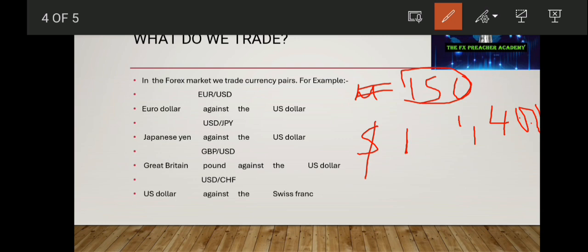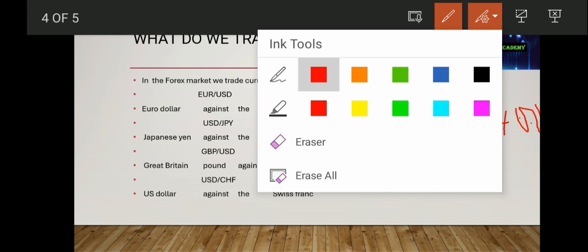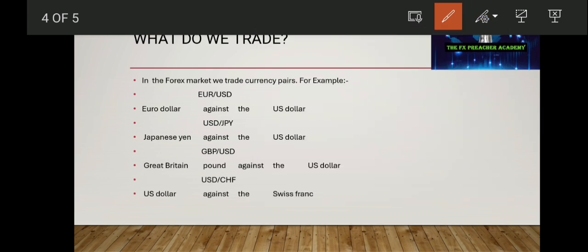That is how you make profit in foreign exchange. You buy a currency at a certain amount. If you have made all your calculations and predictions that this currency is going to increase in value, you hold it, then when it increases, you sell it out. That is how you make money trading foreign exchange.